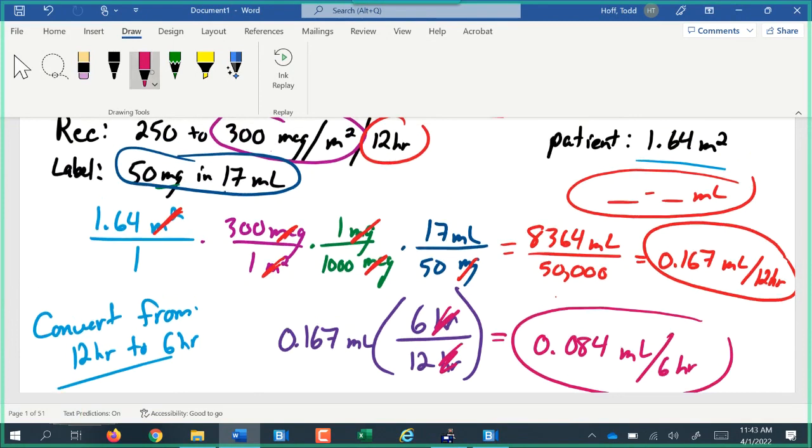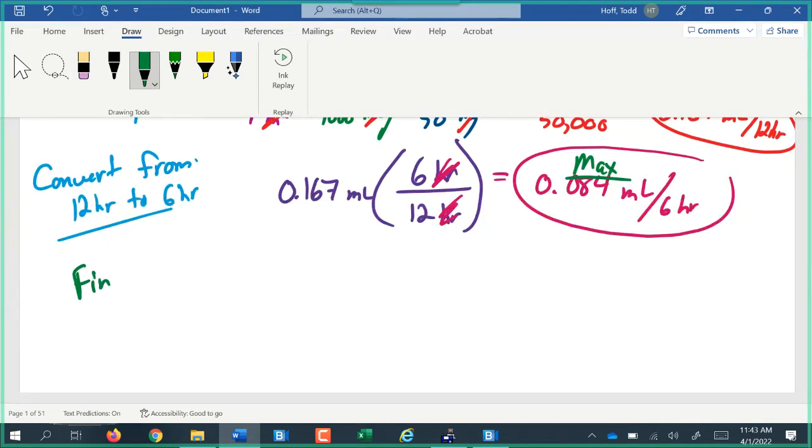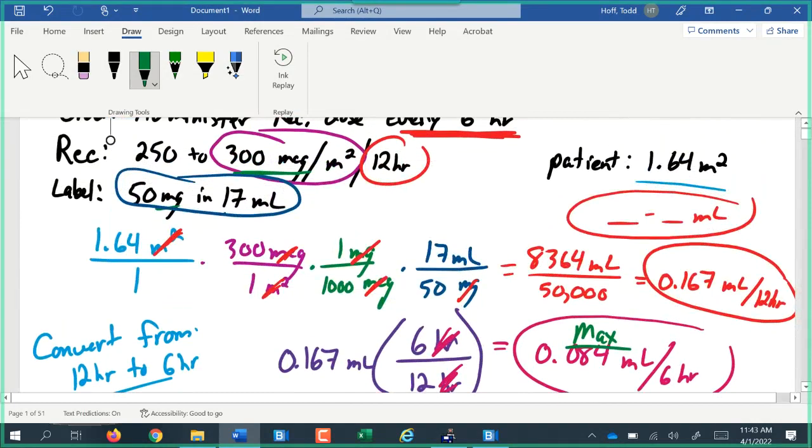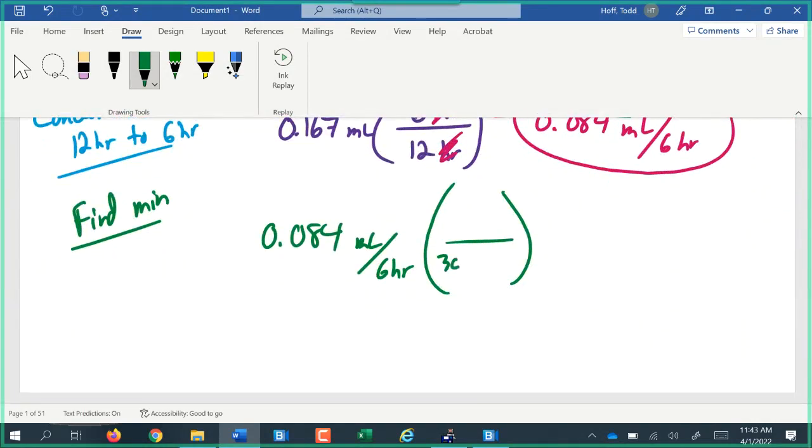Now you'll recall that this is the maximum dose from our range. To find the minimum dose, we'll take that maximum dose of 0.084 milliliters every 6 hours. And that was calculated off of 300 micrograms per meter squared. And we're going to convert it to the minimum, which is 250 micrograms per meter squared. Once again, the units cancel out in our titration ratio there.